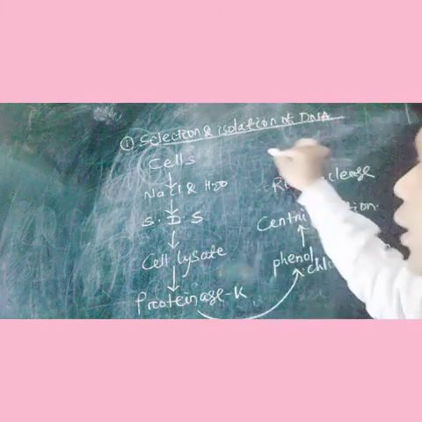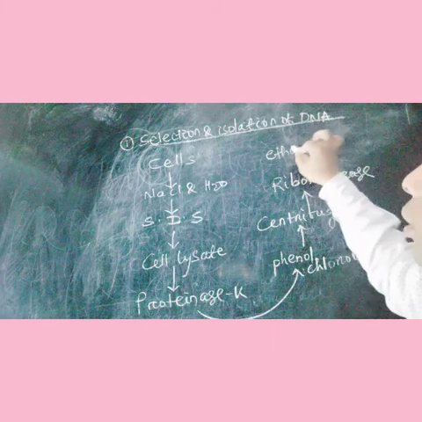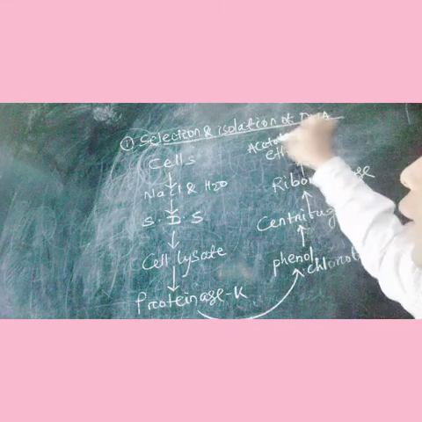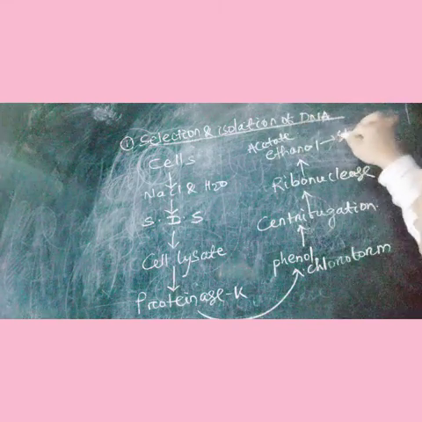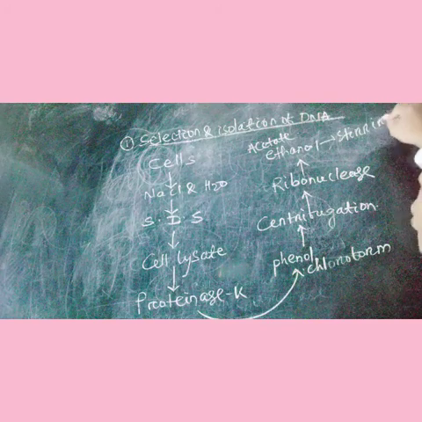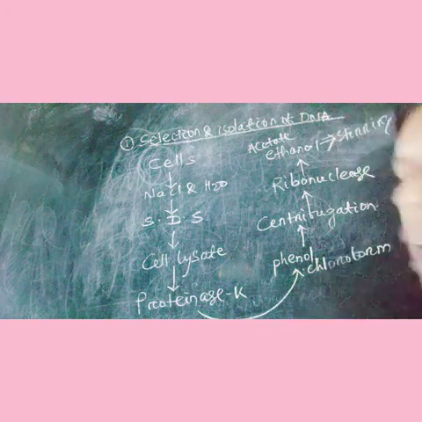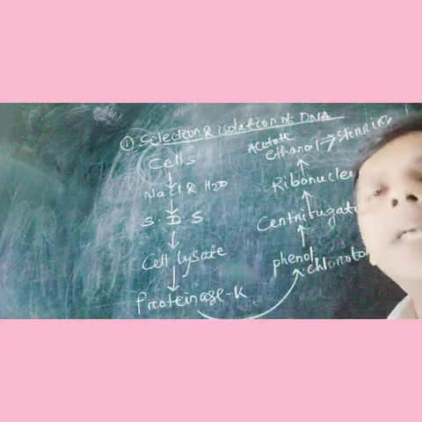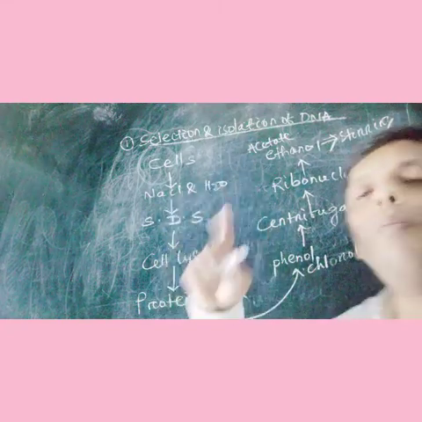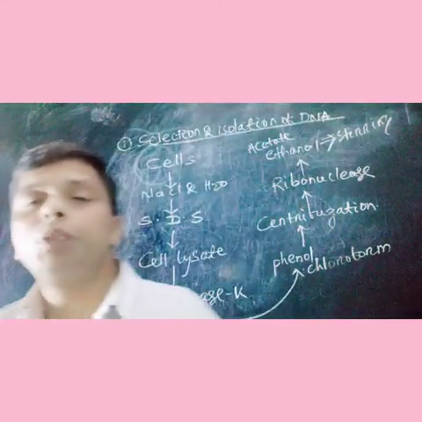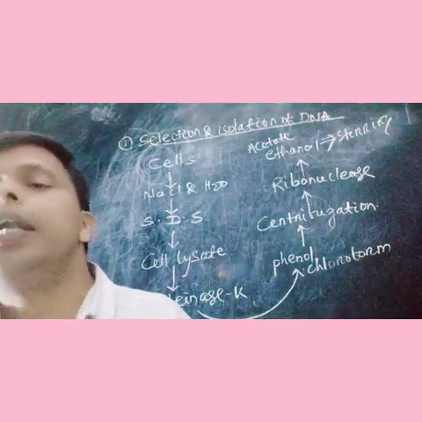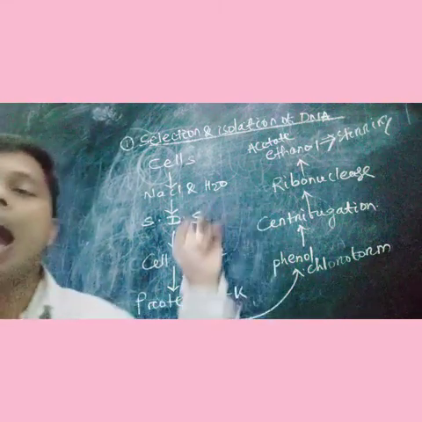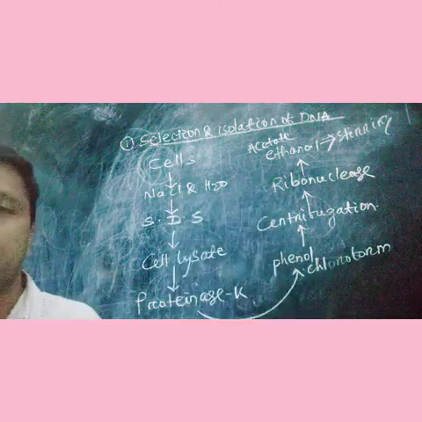So ethanol, or acetate ethanol, is added, followed by stirring with a glass rod. After stirring, we can easily get a white fibrous precipitate. This precipitate contains DNA. This is all about the process of isolation of DNA from a cell.